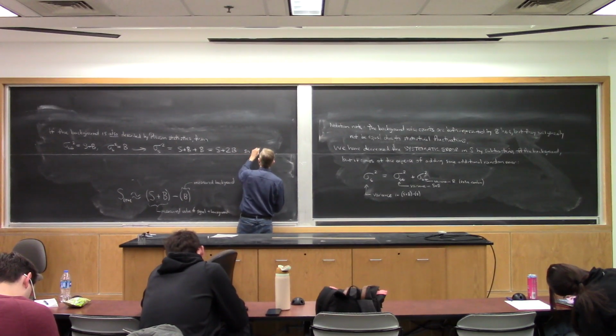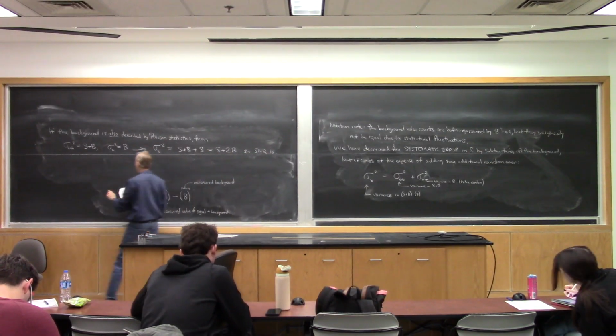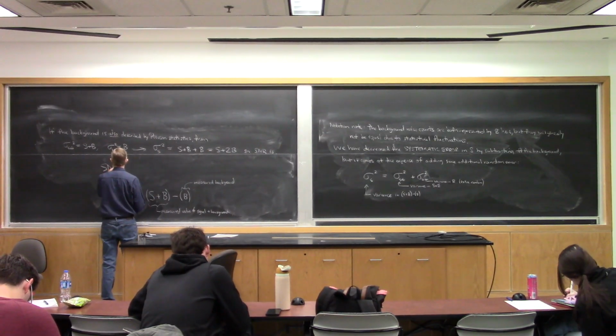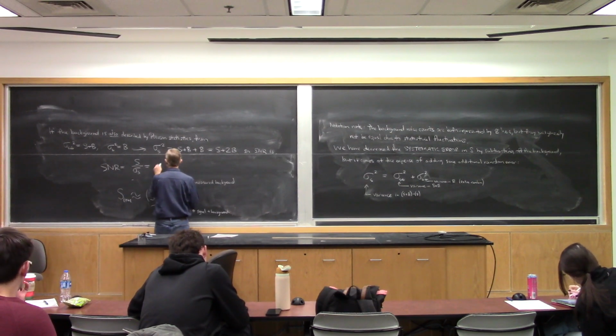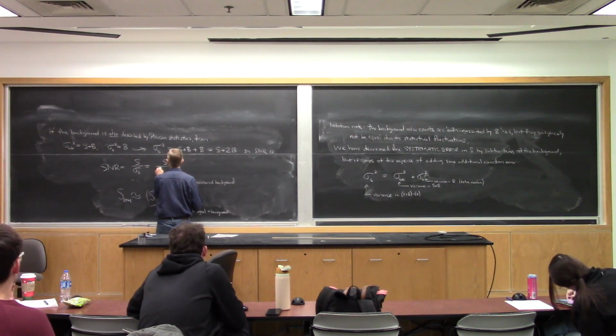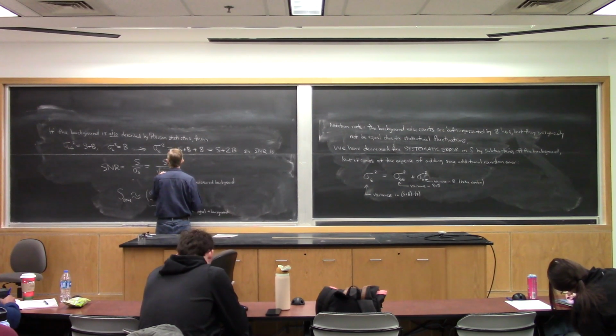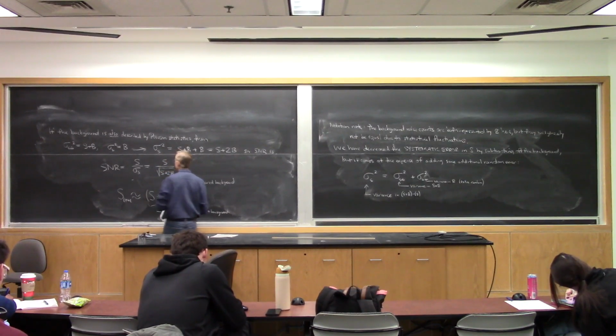So that tells us the signal to noise ratio. Signal to noise ratio is going to be equal to S over sigma S. Well, that'll be S over not just the square root of S, but the square root of S plus 2B.